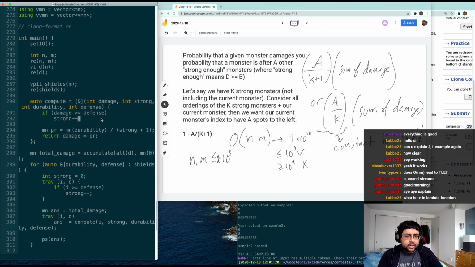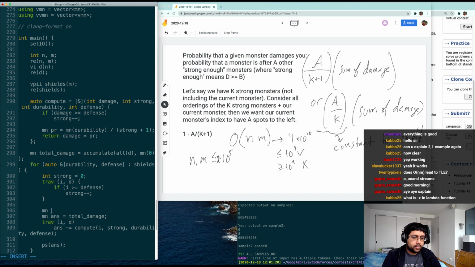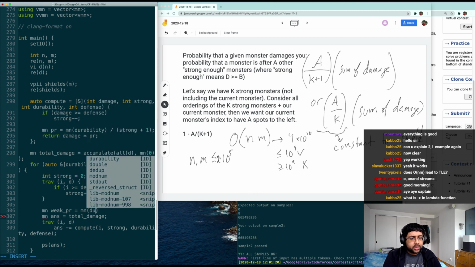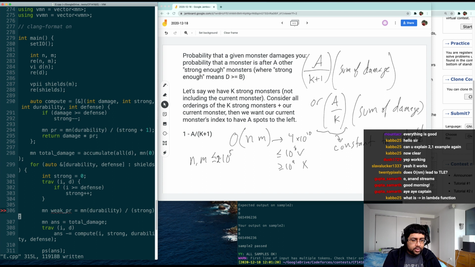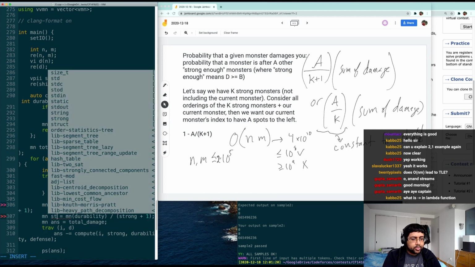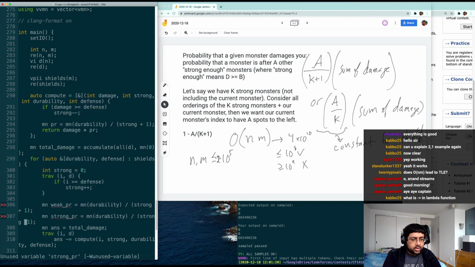So let's think about what this would look like in code. The weak probability would be the durability divided by the number of strong elements plus 1. And the strong probability would be just this, because it would be strong plus 1 minus 1.